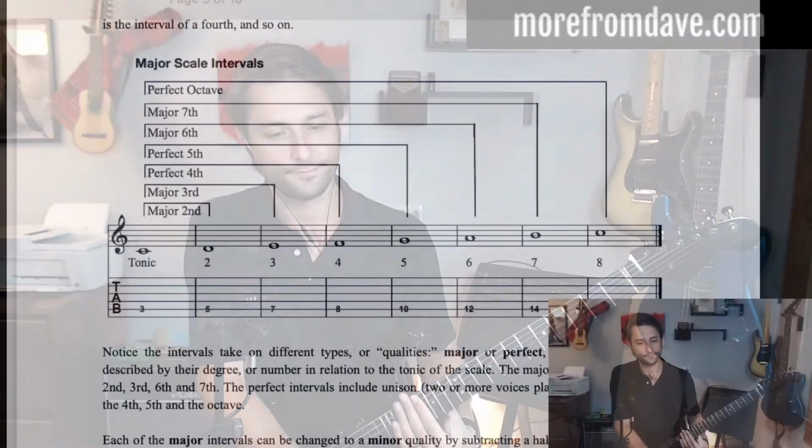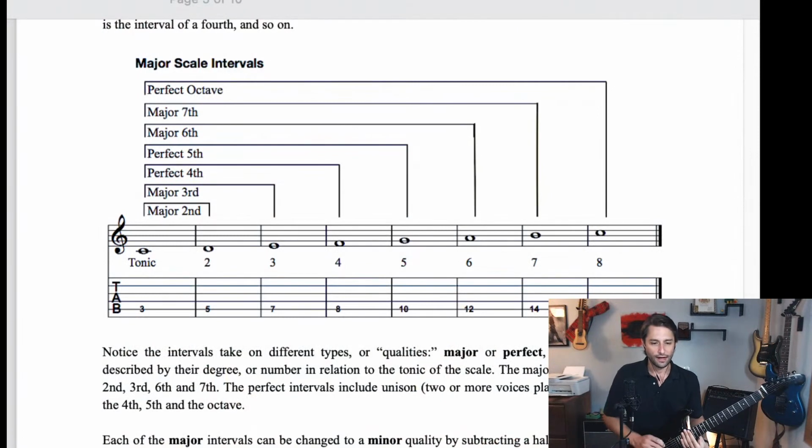This is unison, right? And that's a perfect interval. We classify that as perfect. Your 4th and your 5th intervals, those are both perfect, and then your octave is also perfect. Okay. So major intervals, 2, 3, 6, 7, and then perfect intervals, unison, 4th, 5th, octave.